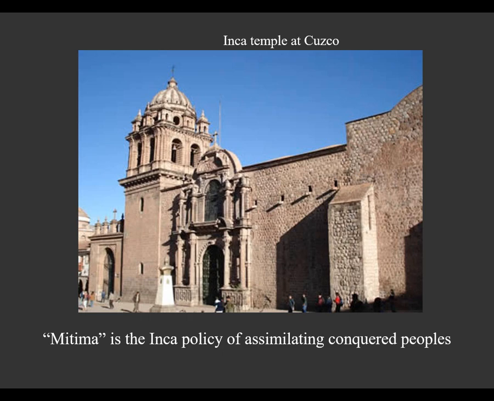They could still keep their own religions, and the Incan civilization would bring their religious ideas into the Incan religious pantheon of all their gods and their beliefs. So it's very much a cultural assimilation policy that seems to have been a really good deal for a lot of the conquered people.